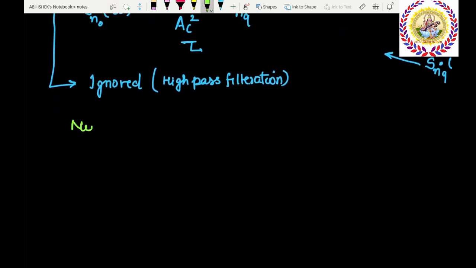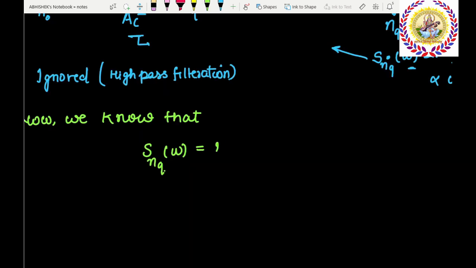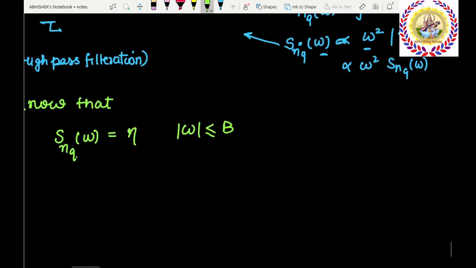Now we know that the power spectral density of the quadrature phase component, which is Snq omega, is equal to eta for the bandwidth mod of omega less than or equal to B, which I have already proved in the previous videos. So we can directly use the result.